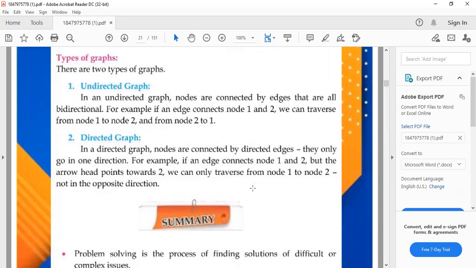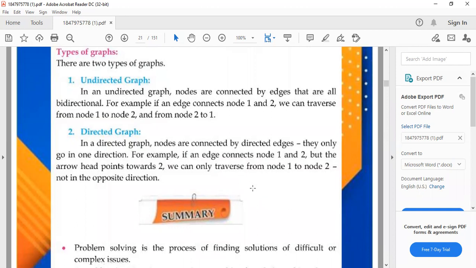Types of graphs. There are two types of graphs. Undirected graph. You know the meaning of directed: something where a direction is given, and undirected means when the directions are not given. So in an undirected graph, nodes are connected by edges that are all bidirectional.